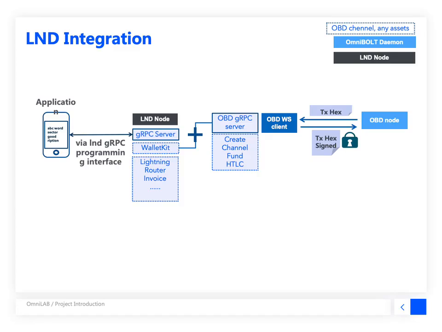Third, the OBD WebSocket client connects to the remote or local OBD node. And finally, merge OBD gRPC interfaces into the Lnd gRPC API set. Newly added gRPC APIs have distinguishable but indicative names. For example, Open Asset Channel, compared to Lnd's Open Channel, which is the Bitcoin-only method.